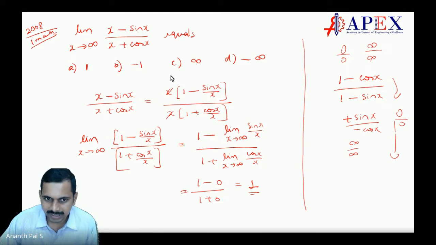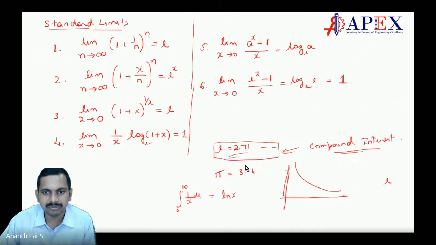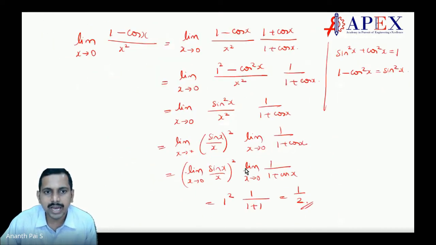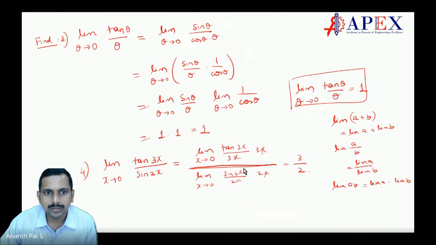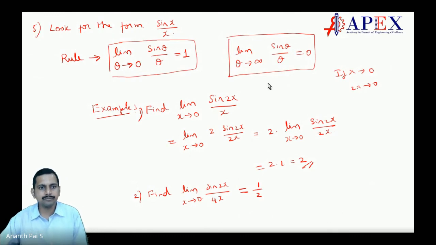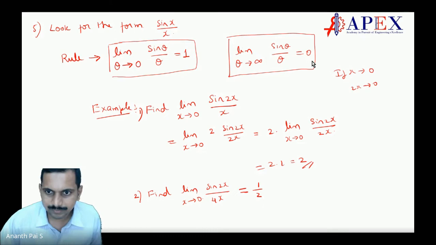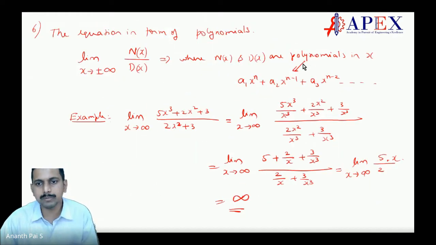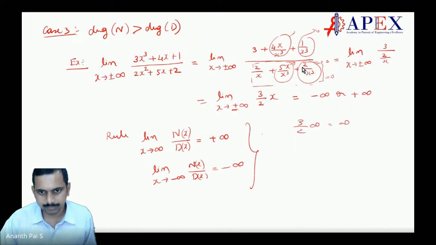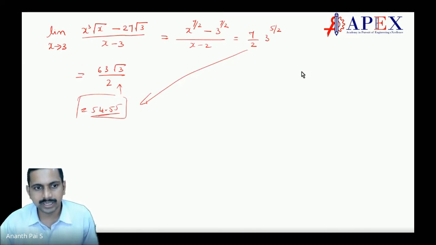We are taking x outside, cancelling it out, and we are using the method which we have said in the 5th one, right? Where we have it here. Yes, this form. So okay, limit theta tends to infinity, sine theta by theta is equal to 0. Correct. That we are using, and then we are getting the answers. Correct. Similarly, cos theta by theta is also equal to 0. Correct. So that we are applying and we are getting the answers.